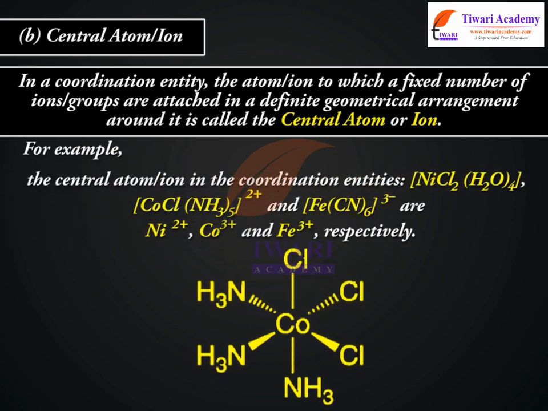For example, the central atom or ion in the coordination entities [NiCl2(H2O)4], [CoCl(NH3)5]2+ and [Fe(CN)6]3- are Ni2+, Co3+ and Fe3+ respectively.